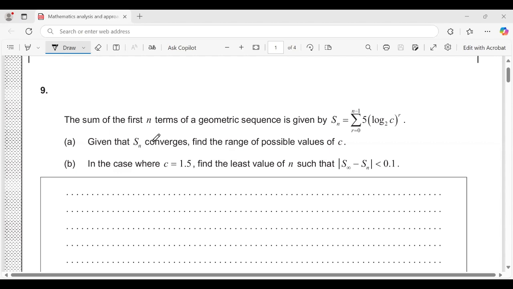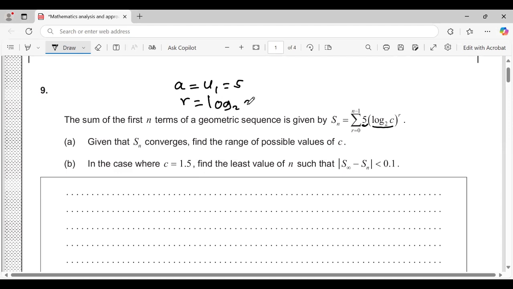Given that it converges as n goes to infinity, find the range of possible values of C. If you look at this geometric series, the first term a is 5, and the common ratio is log 2 C. This is the common ratio.